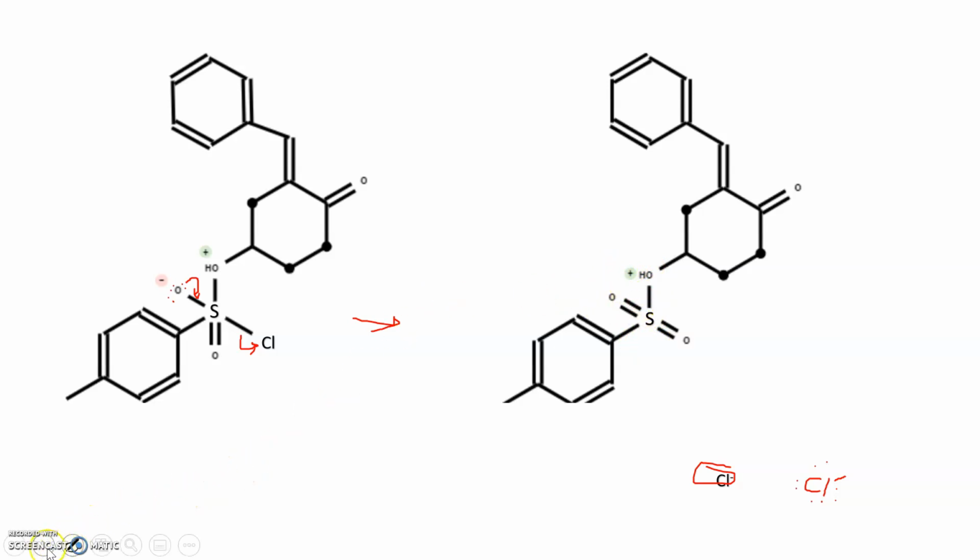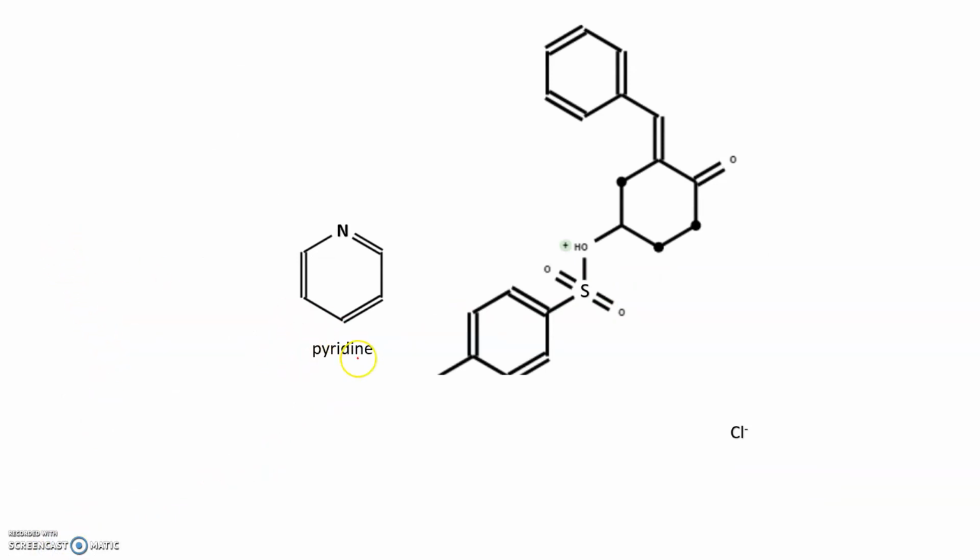So on the next step, we do have pyridine. Remember, in the beginning the reaction proceeded as TsCl with pyridine, and this here is pyridine. What is special about this base is that it is a hindered base. This lone pair will go in and take that hydrogen, and the electrons from the hydrogen bonding to the oxygen will go to the oxygen here.